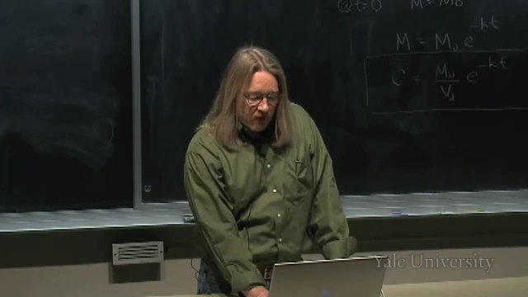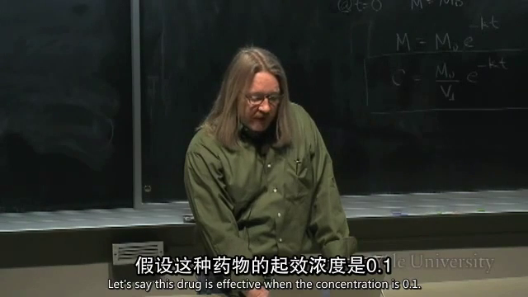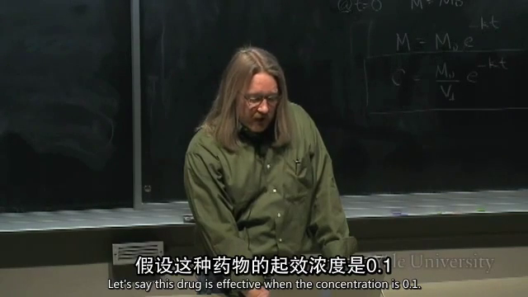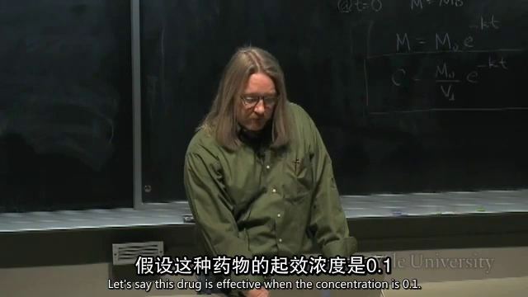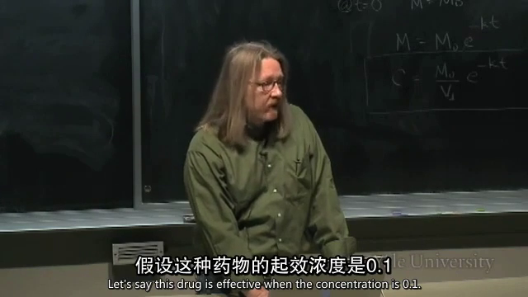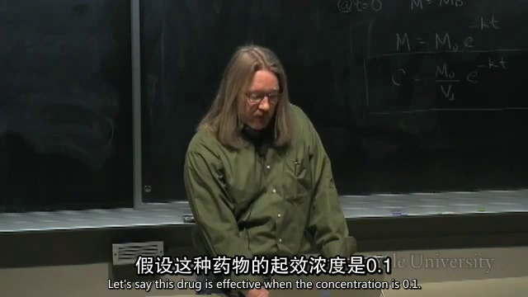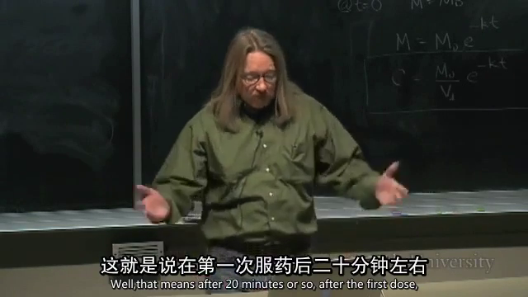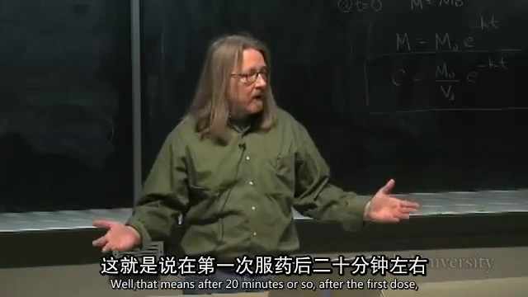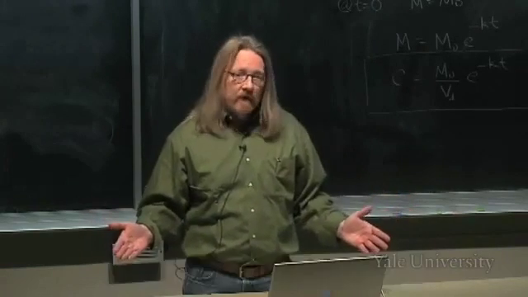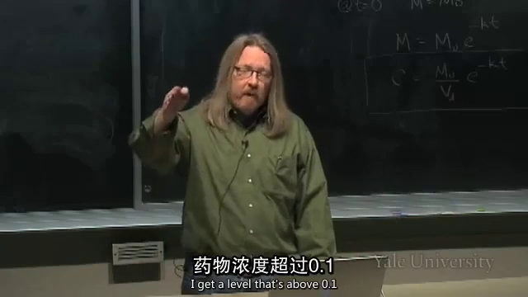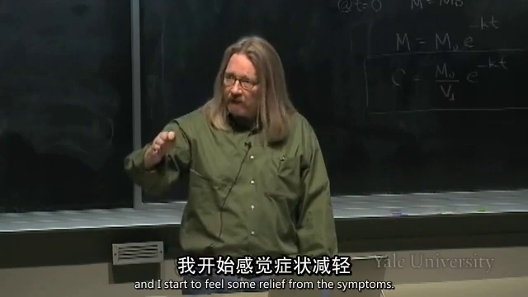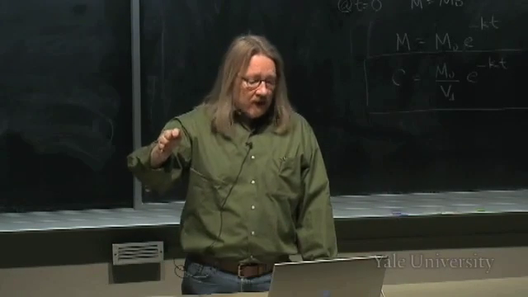So let's say this drug is effective when the concentration is 0.1. Well, that means after 20 minutes or so, after the first dose, I get a level that's above 0.1 and I start to feel some relief from the symptoms.